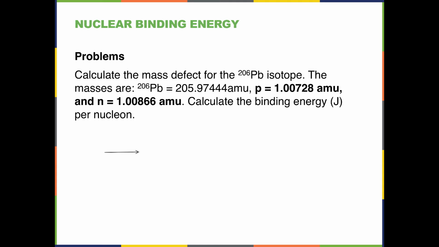The mass of lead 206 is 205.9744 AMU. A proton is 1.00728 AMU, and a neutron is 1.00866 AMU. And then you can use that to calculate the binding energy per nucleon.